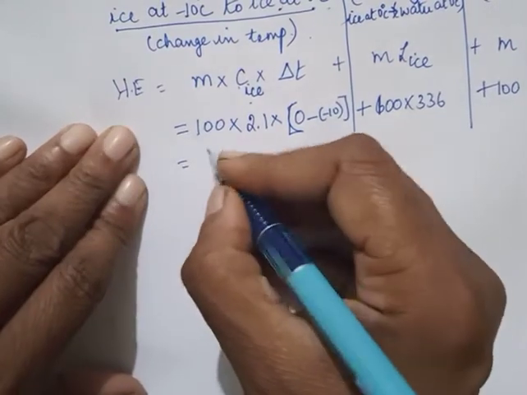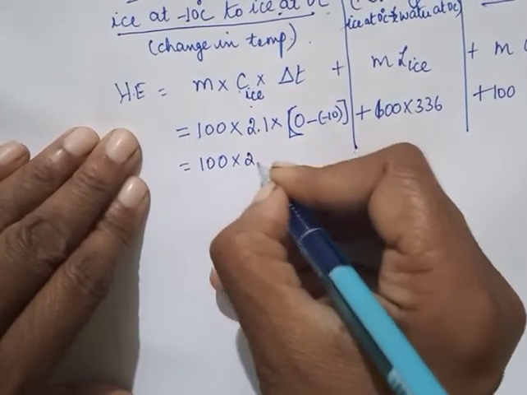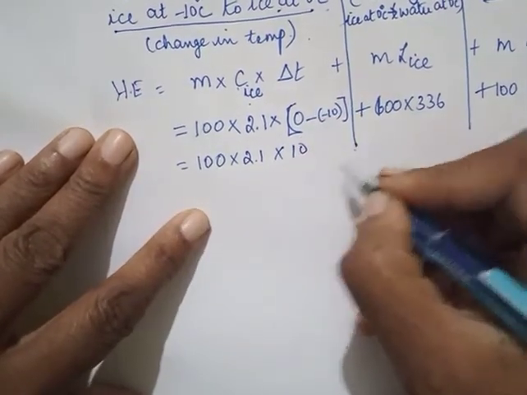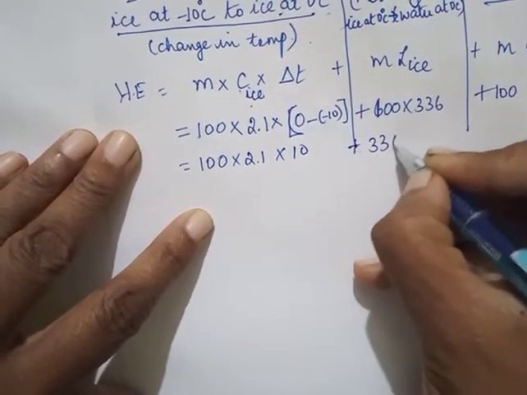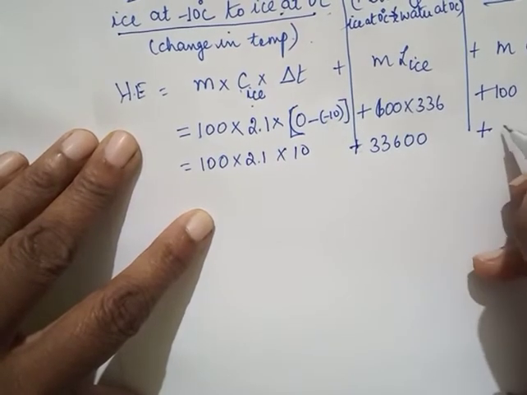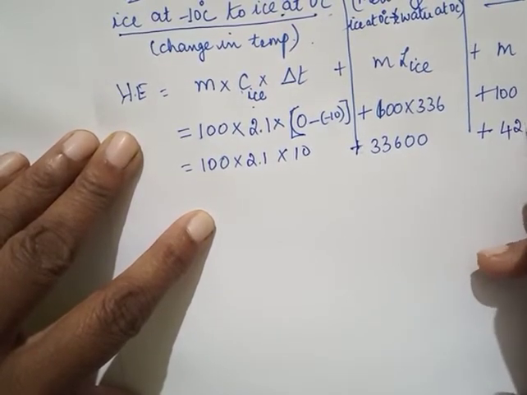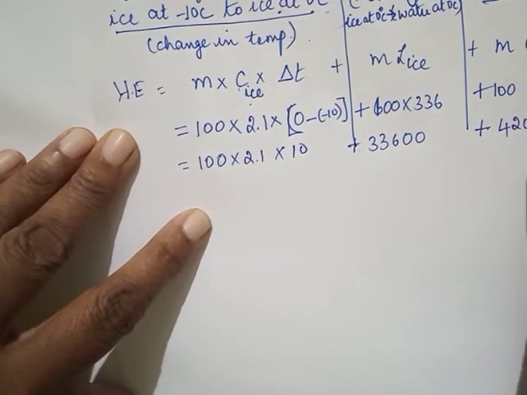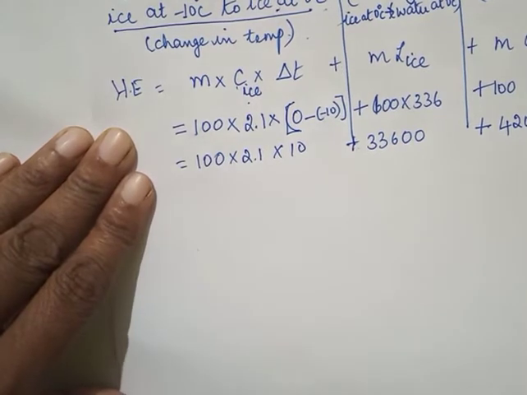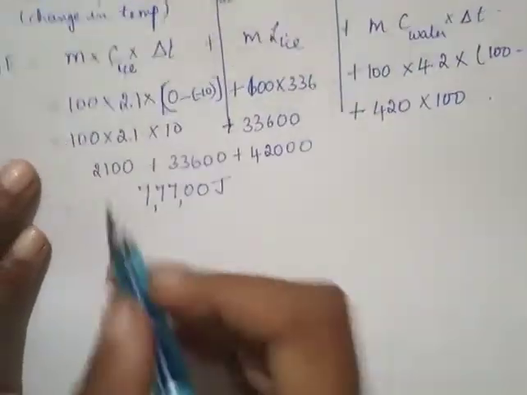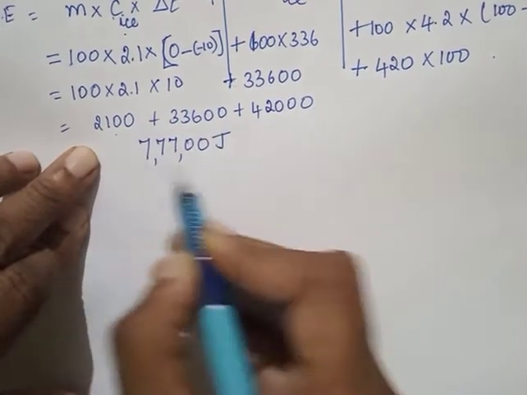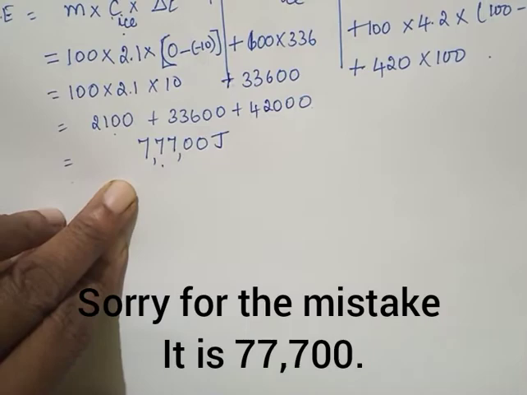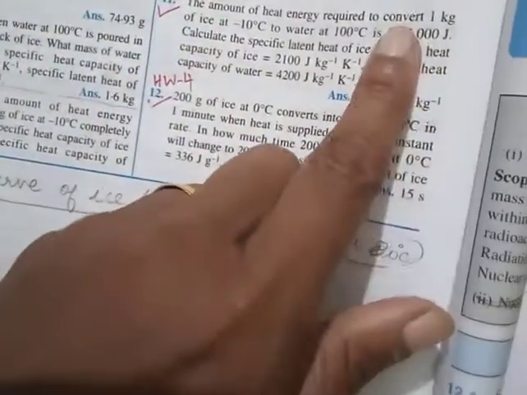So it will be 100 into 2.1 into 10, which becomes positive since minus into minus is plus, plus 33600, plus 420 into 100. 100 into 4.2 is 420. When I multiply this and add this, I get 7,77,000 joules.